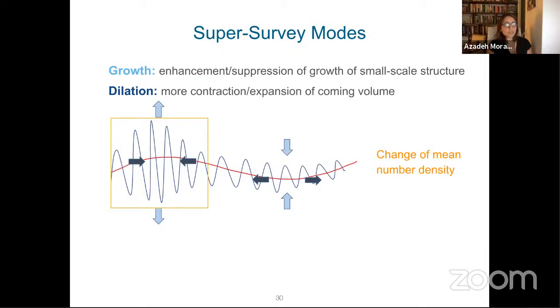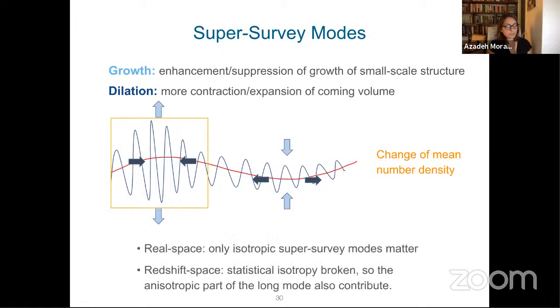Not only that, but there's also an additional effect that the mean number density of objects inside your survey would also change. And there's a difference between making measurements in real space and in redshift space. In real space, because the power spectrum is isotropic, only the isotropic part of the larger scale modes will contribute, meaning the larger scale tidal field has no imprint.